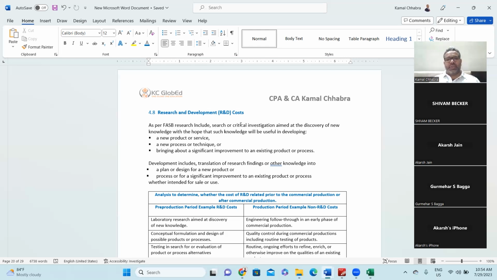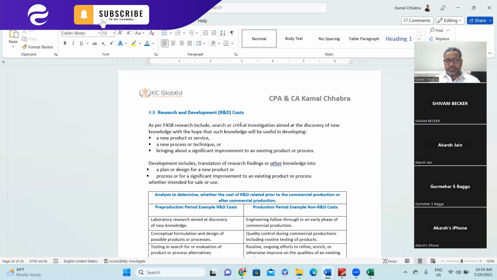So there are 3 phases. The first phase is day 0 to the technical feasibility establishment, and that all will go into the income and expenditure side. Then from the point where technical feasibility is established and the research and development is going to give benefit for more than 1 year, until the date it is ready for commercial production, you can capitalize those expenditures, right?